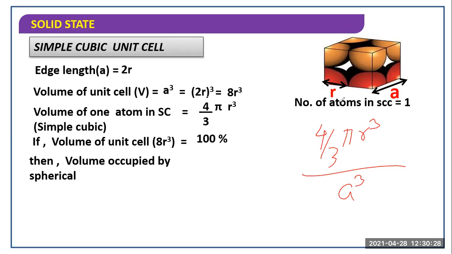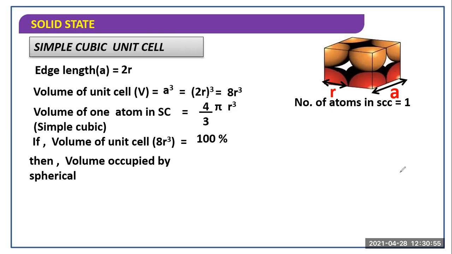So the fraction occupied by the atom is this. This is known as packing fraction. Here A equals 2R, so in place of A you can write 2R cube. Clear?